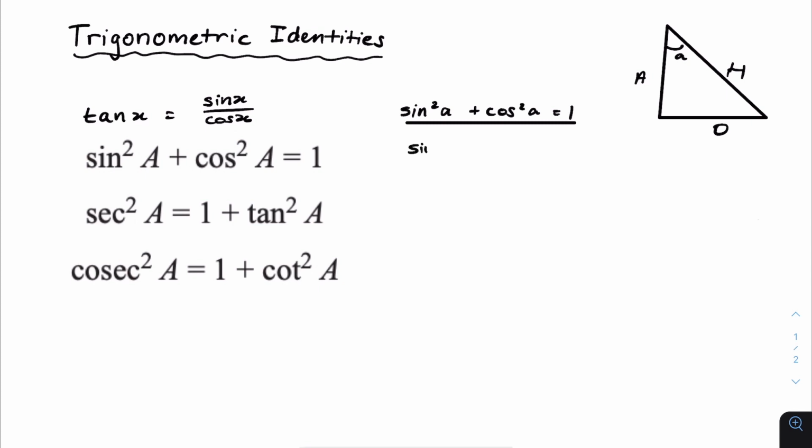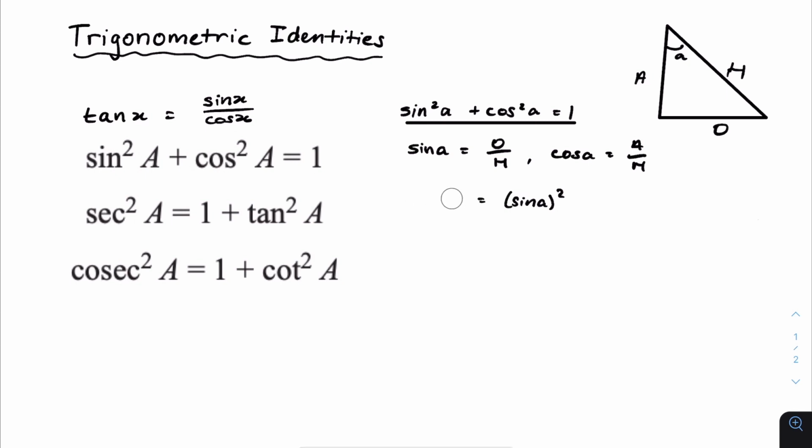So sine a, we know, is equal to opposite over hypotenuse. Cos a, on the other hand, is equal to adjacent over hypotenuse. So I'm going to literally substitute this in. Just to clarify, sine squared a is equal to sine a all squared. That's just the notation for it.